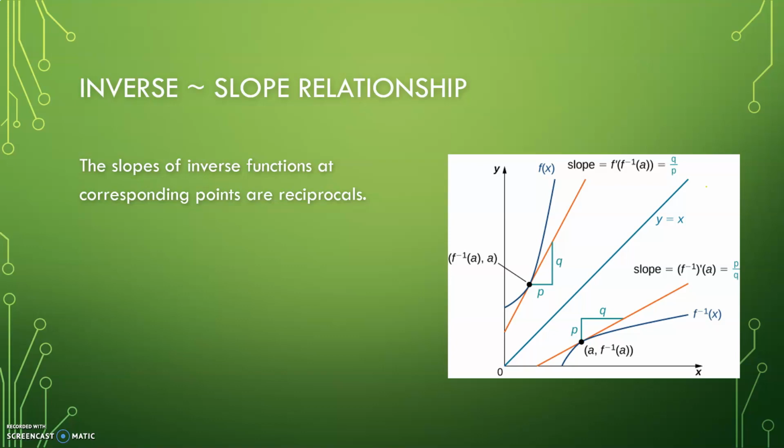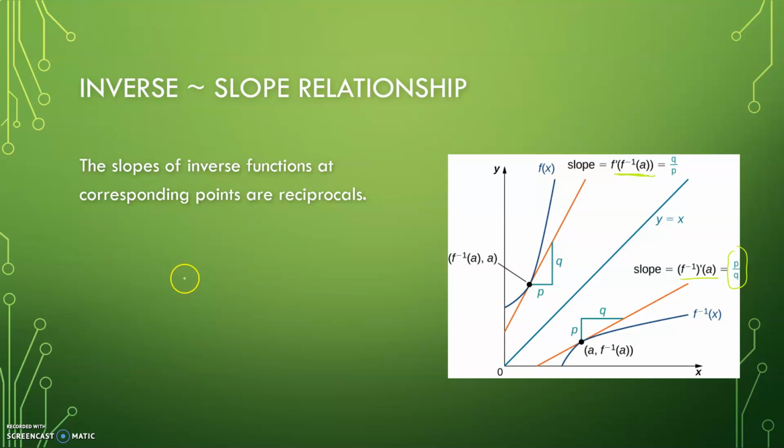The slope of f at that point would be f prime of f inverse. So I can figure that out. And then f inverse, the slope of that would be the reciprocal. And they're going to be reciprocals at, not at the same x coordinate, but at those corresponding points, the slopes will be reciprocals.